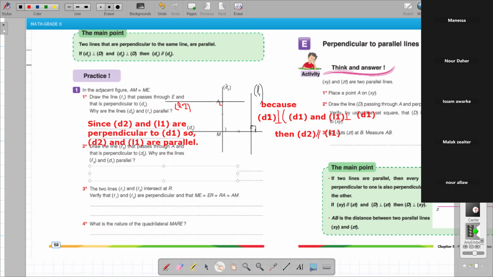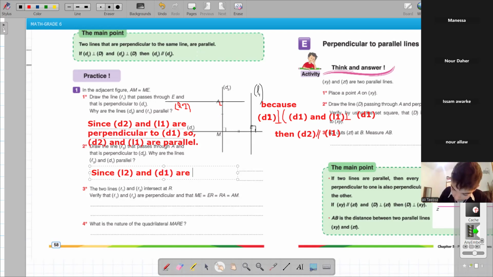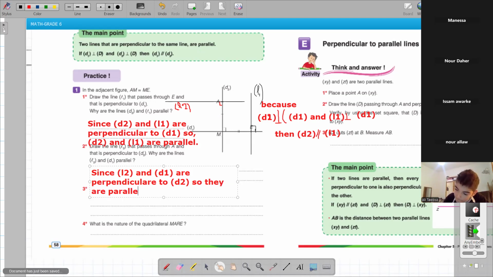Since they are perpendicular to the same line D2, then they are parallel. So we say, since L2 and D1 are perpendicular to D2, they are parallel.